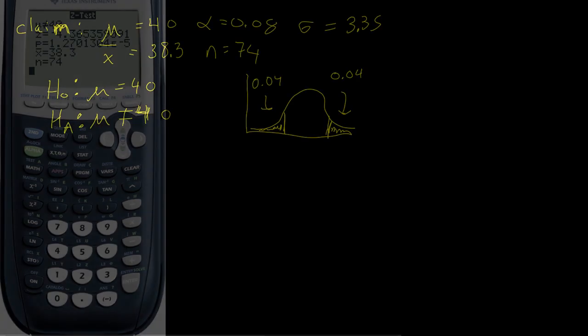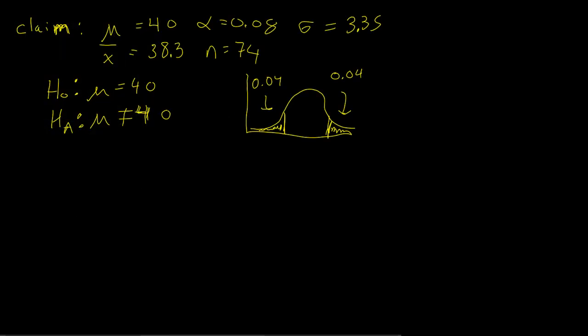If I come back here to the blackboard, the z from these statistics is negative 4.37. So somewhere in here is our z statistic, if we know what this critical boundary region is.